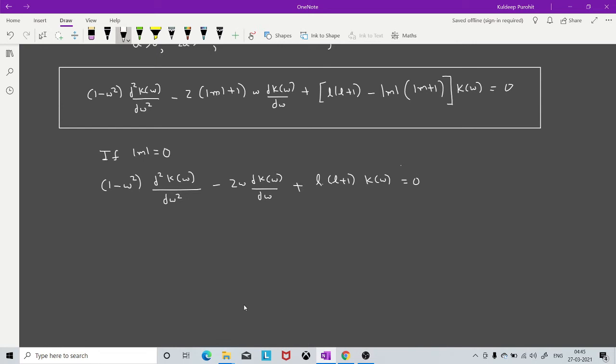So now you see this equation. If you remember from your knowledge of special functions, this equation is exactly the same equation which is satisfied by Legendre polynomials. What is the equation which is satisfied by Legendre polynomials?